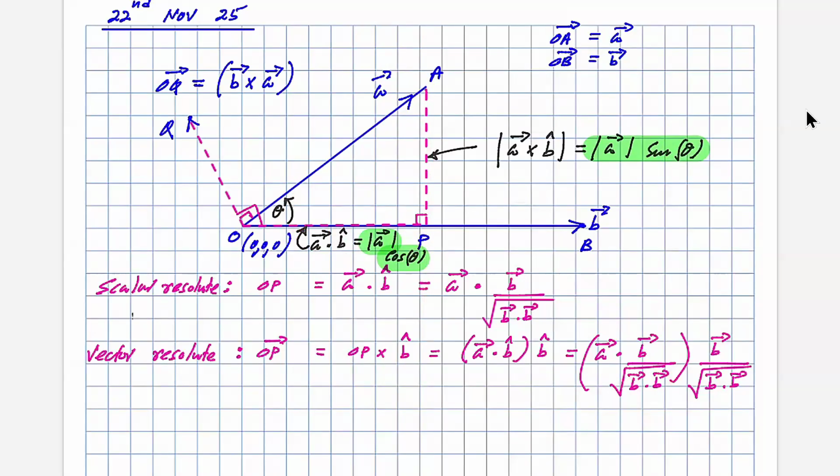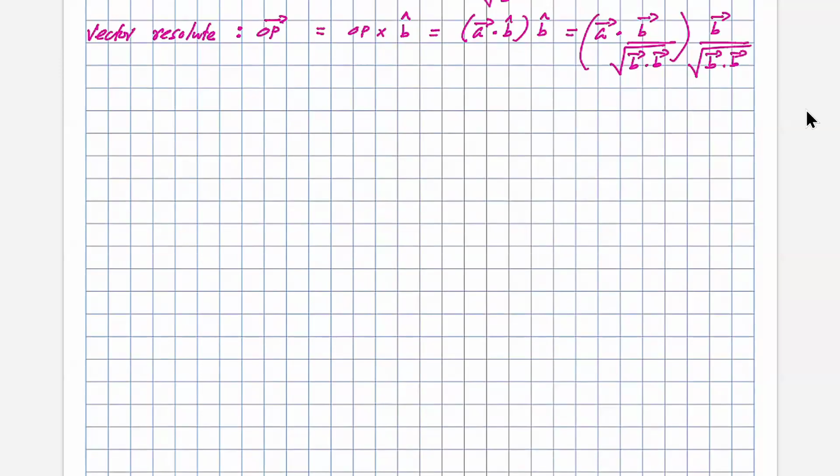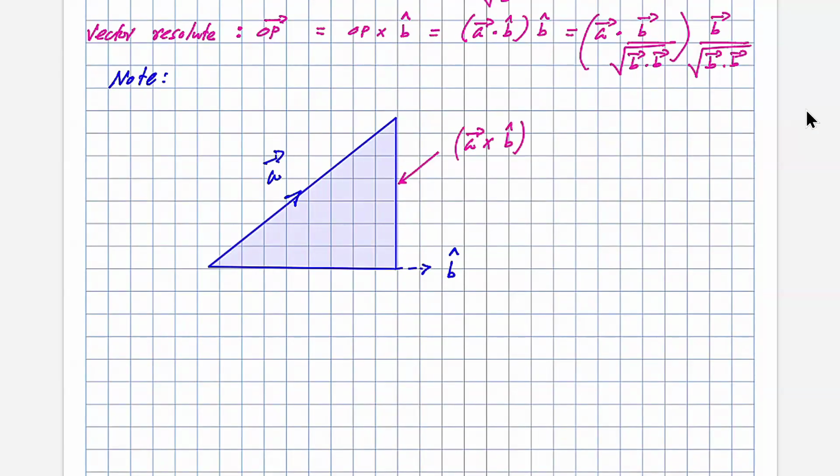So the knowledge we have is this. When you have a vector here, and when the b hat is defined in this direction, what I'm saying now, this guy is going to be a cross b hat, and this guy is going to be a vector dot b hat.